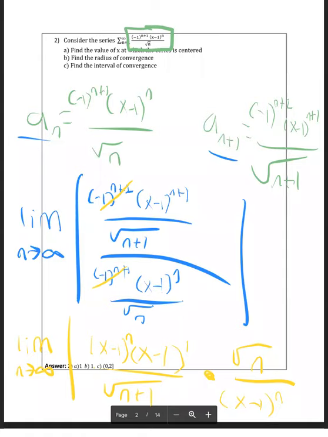I wouldn't have canceled it out because it said n plus 2. But Julia, it says n plus 2, but it's still a -1, right? Yeah, but when you multiply it, it would be n plus 2 and n plus 1. Well, if it's -1 to the n, that means when n is equal to 1, you're going to get -1.